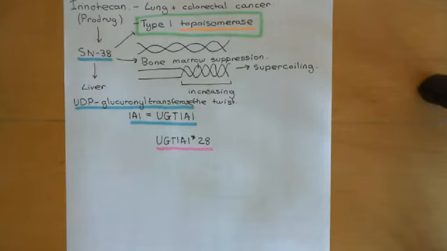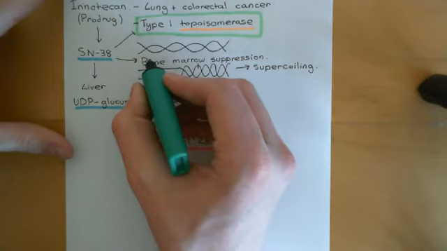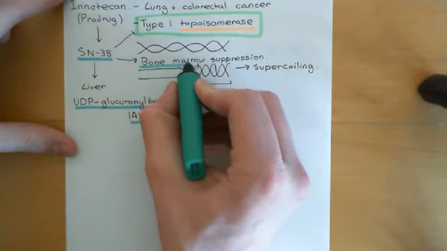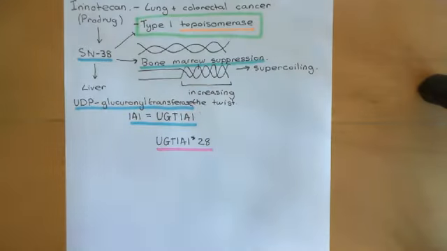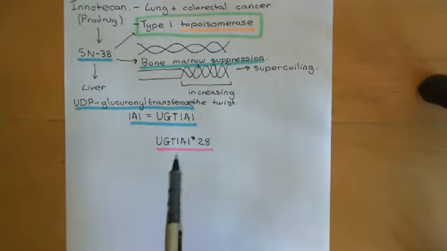Right, so again what happens is before prescribing this drug, tests for healthy function of UGT1A1 are performed. Again, this is an example of where we can look at your genes and predict whether you are going to have a horrendous response if given a normal dose of irinotecan.